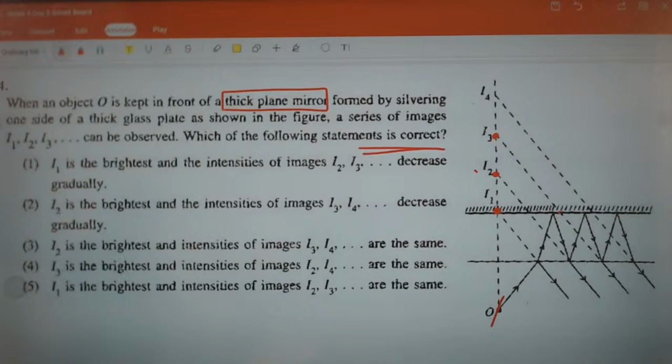Okay, no? Next one. I2 is the brightest and the intensity of I3, I4 decrease gradually. So what's the difference between 1 and 2?